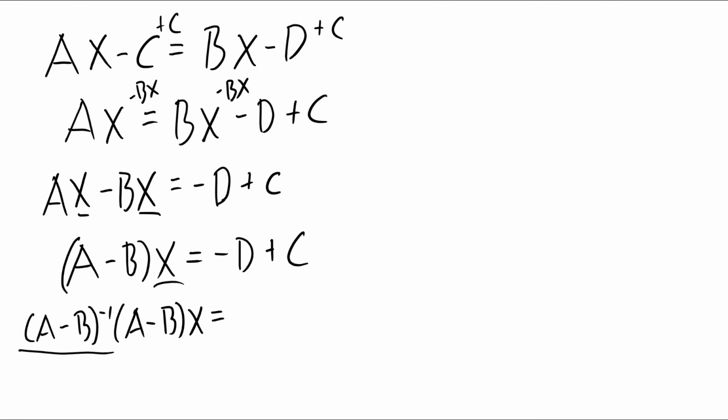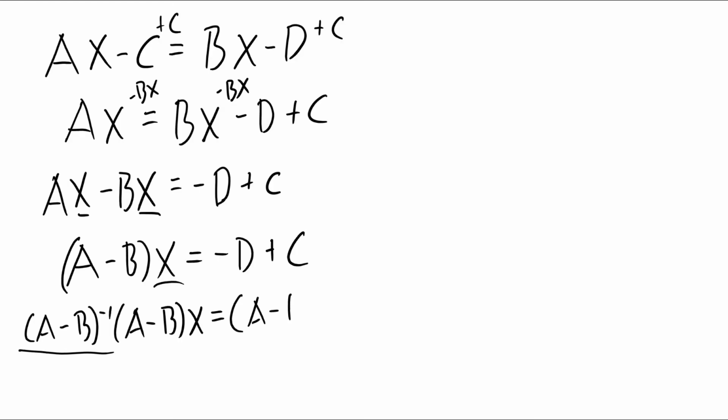So the inverse on our left-hand side of our equation went on the left of the quantity a minus b times x. So it also needs to go on the left-hand side of negative d plus c. So a minus b inverse times negative d plus c.